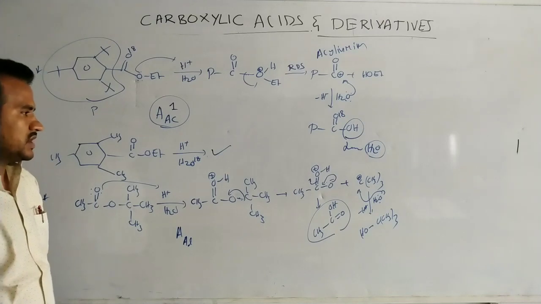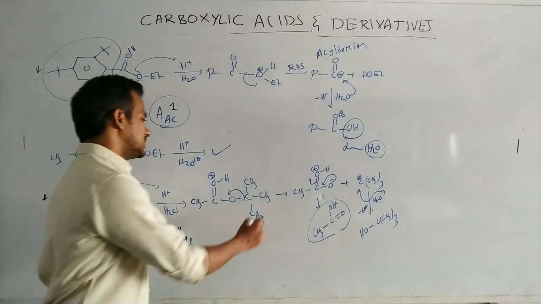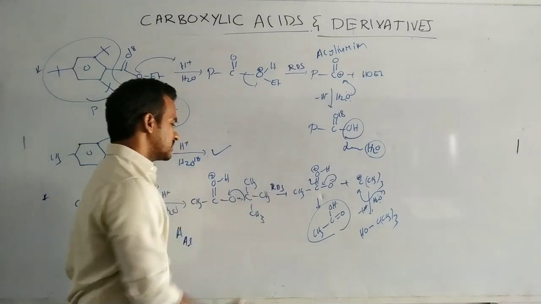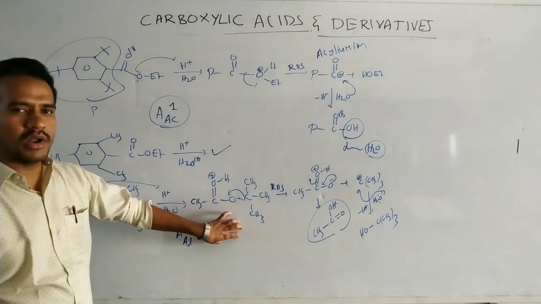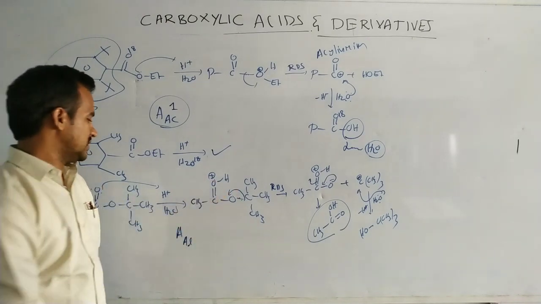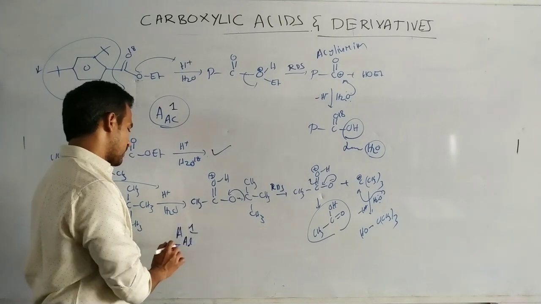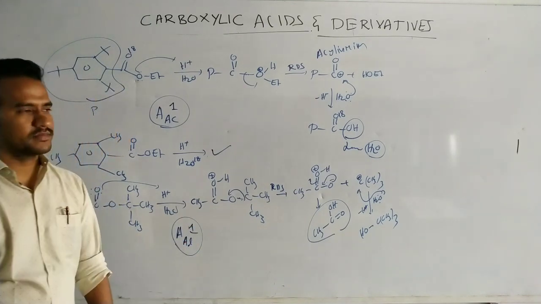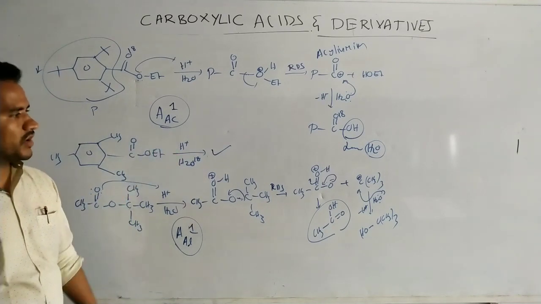Formation of this carbocation and this carboxylic acid, the dissociation of this compound, is the rate determining step. Only one molecule is involved, so molecularity 1. So it is named AAL1. So AAC2, AAC1, AAL1.